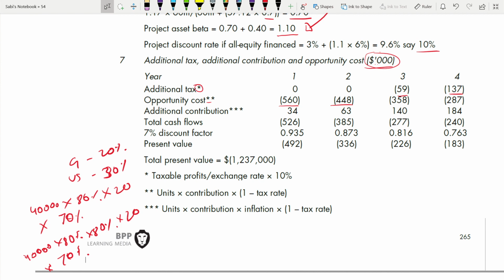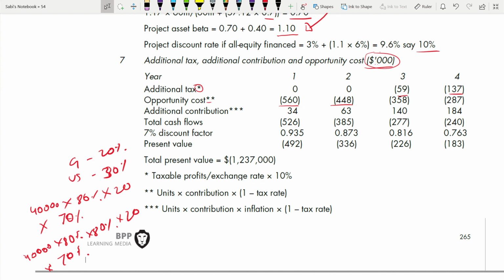That's why we are doing this additional tax. Why additional tax? Because if you switch to Gamala, you have to pay additional tax in US for that profit. Opportunity cost, you are going to lose in US. You are going to Gamala, so you are going to lose whatever contribution you are going to make. Additional contribution you are going to make.